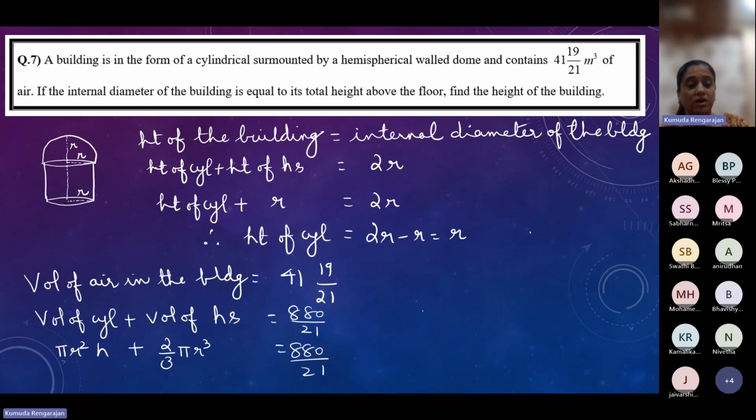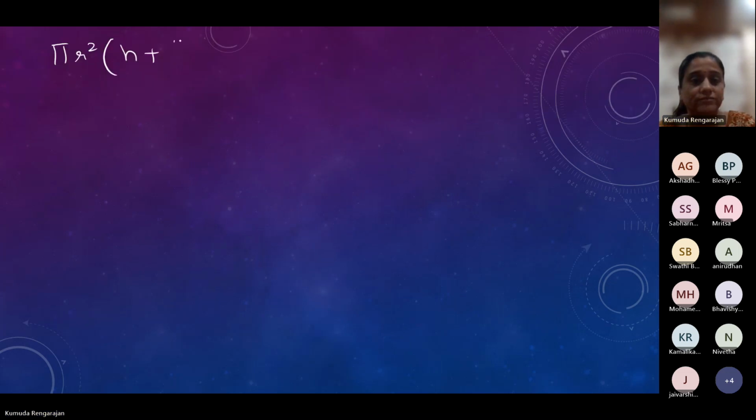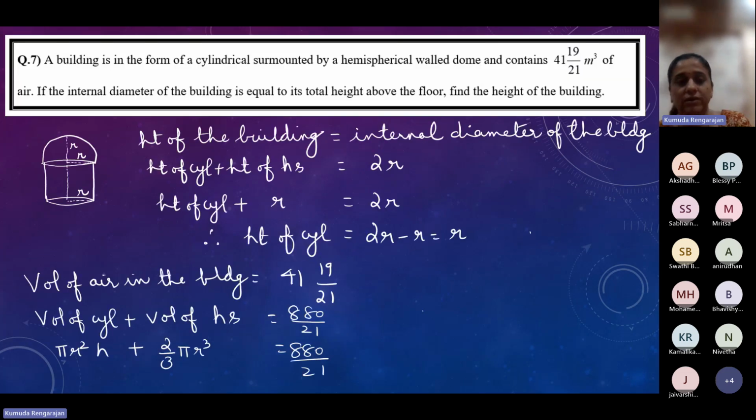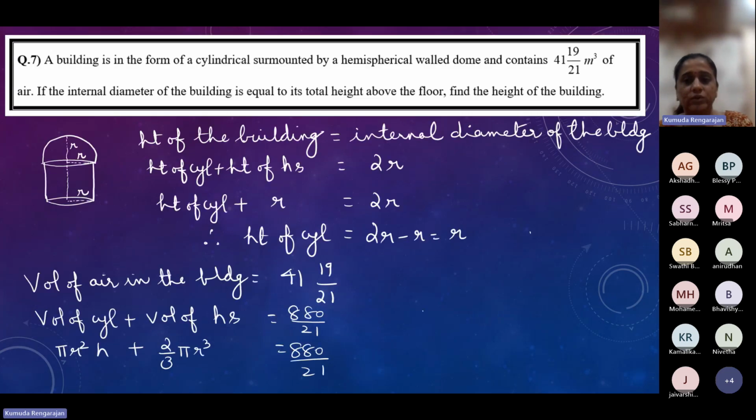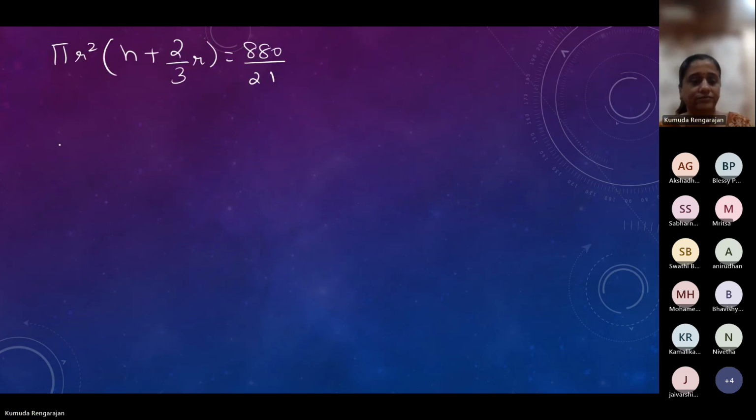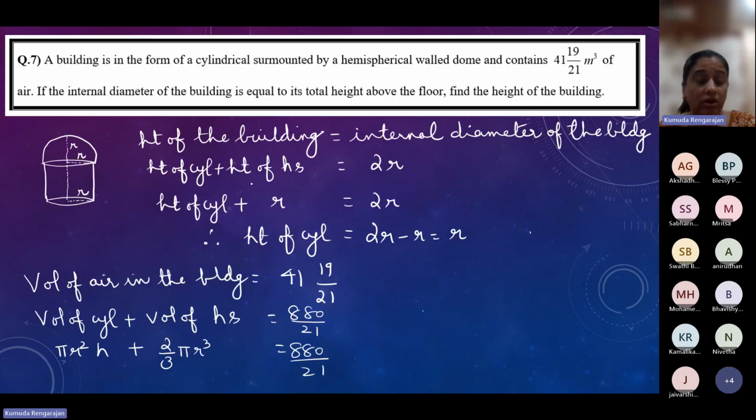So you'll have pi R square into H plus 2 by 3 R equal to 880 by 21. R is what we don't know. Pi is 22 by 7. What is H here?